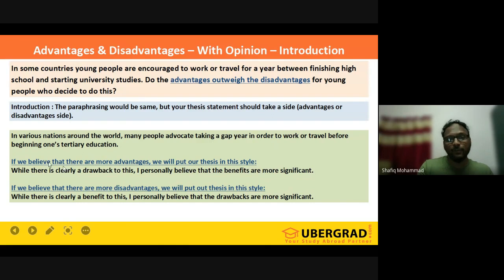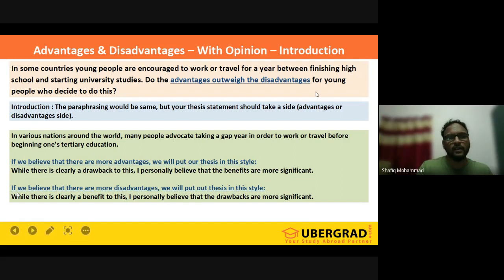If you believe that there are more advantages, you will be supporting the advantages, right? That's what we said. So, while there is clearly a drawback to this, I personally believe that benefits are more significant. This is your thesis statement, guys.